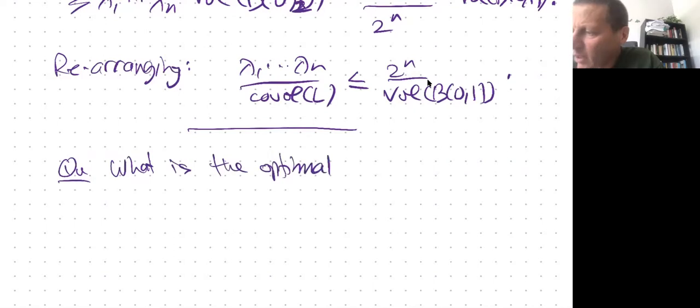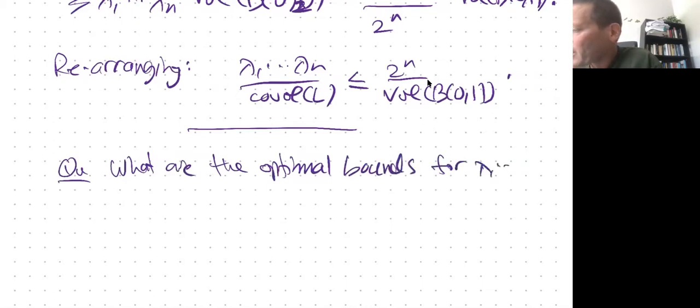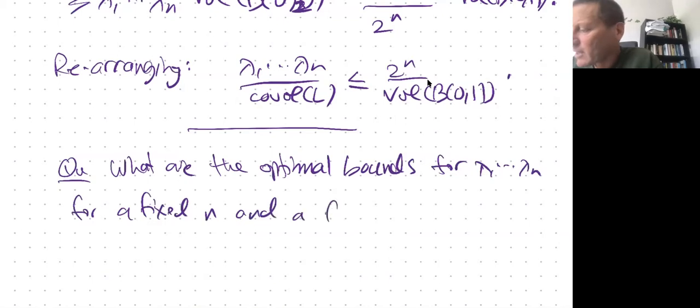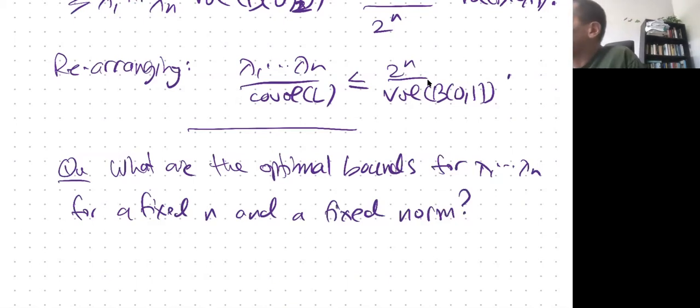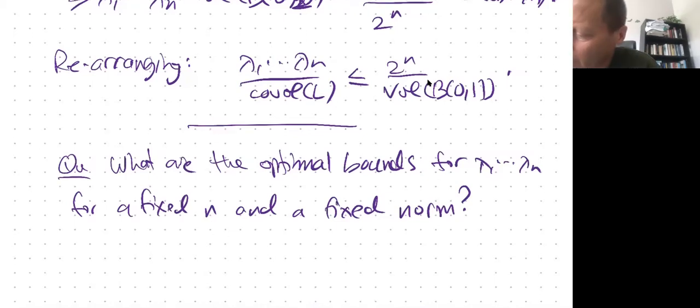What are the optimal bounds for this product for a fixed n and a fixed norm? That's kind of an open question that I mentioned earlier, and there's a conjecture, and I want to state the conjecture, and I want to discuss it briefly. So there's a conjecture due to Davenport.